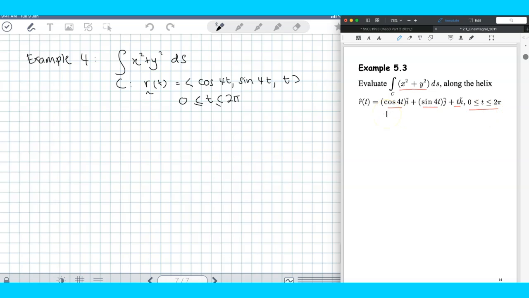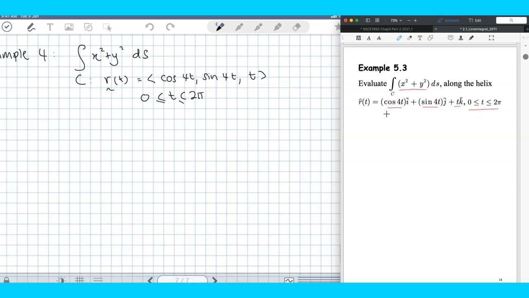So we use the same procedure where you have to find ds in terms of dt, so you have to find the velocity, the speed. Okay, so r prime is the derivative: negative 4 sine 4t, 4 cos 4t, and then 1, and then we find its magnitude.